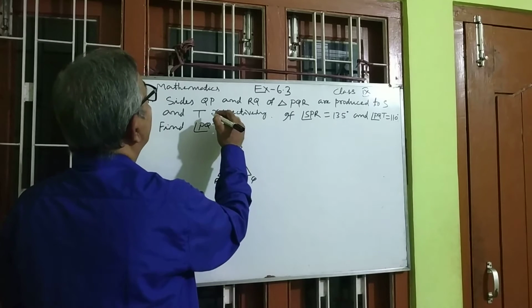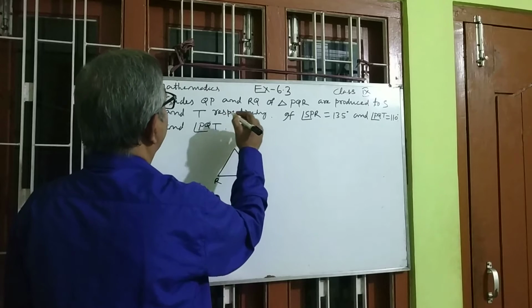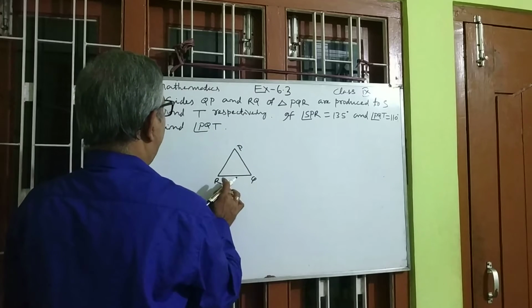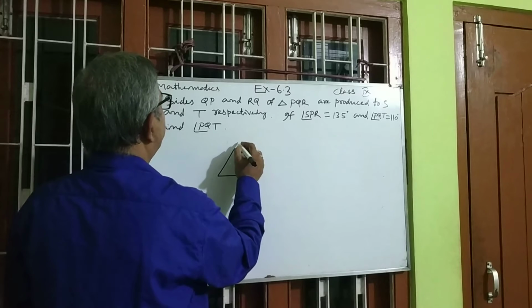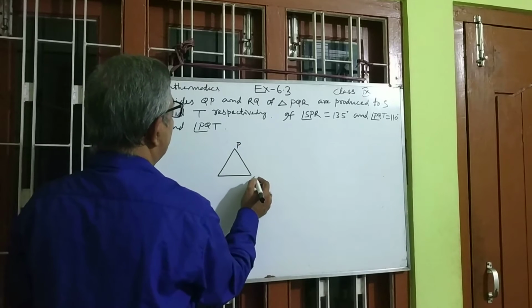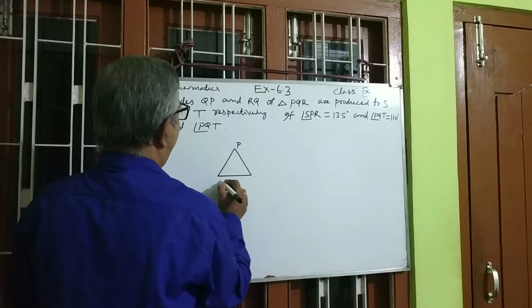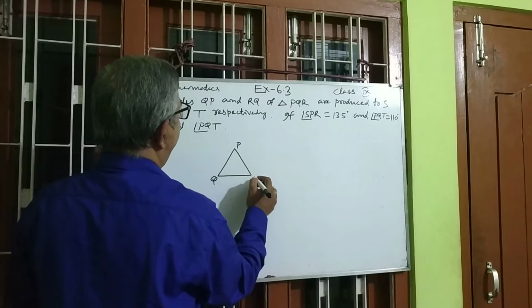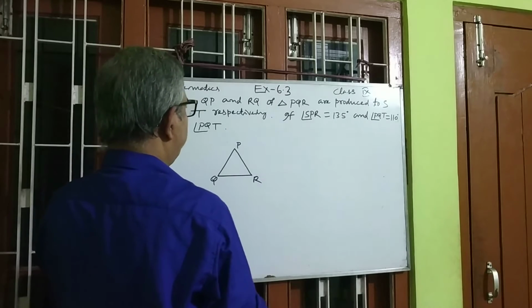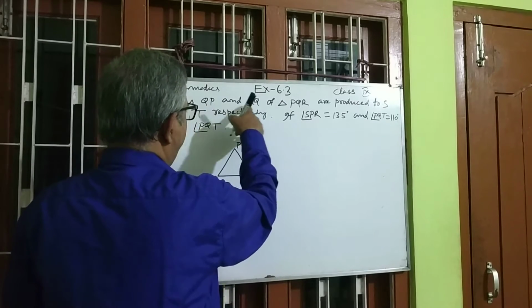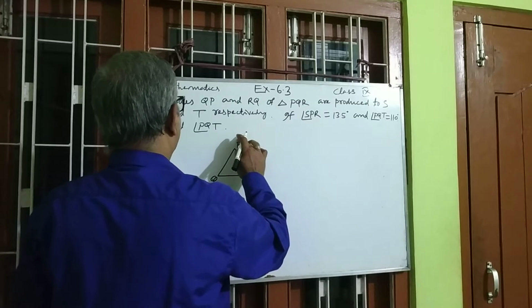Suppose you are writing P, and QR, here we are writing R. So first of all, QP and RQ are produced.